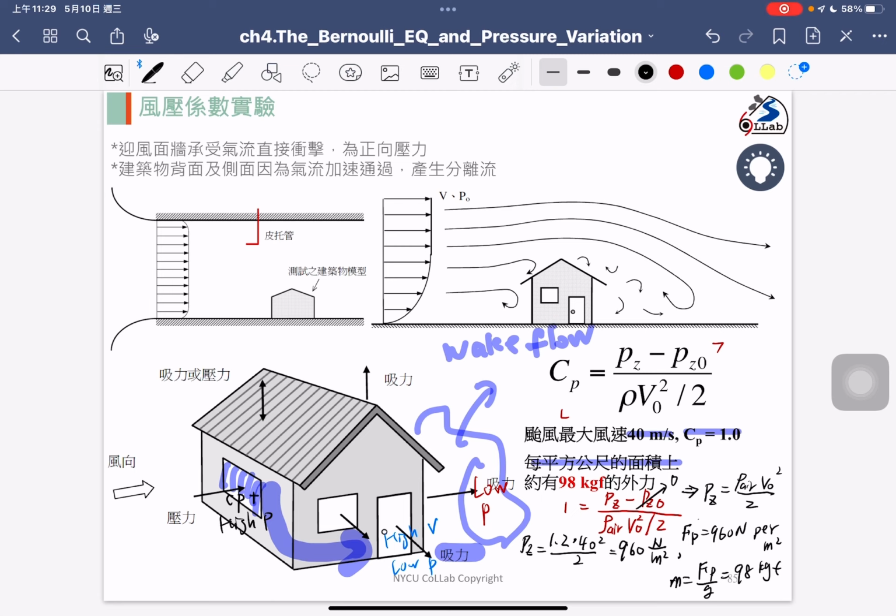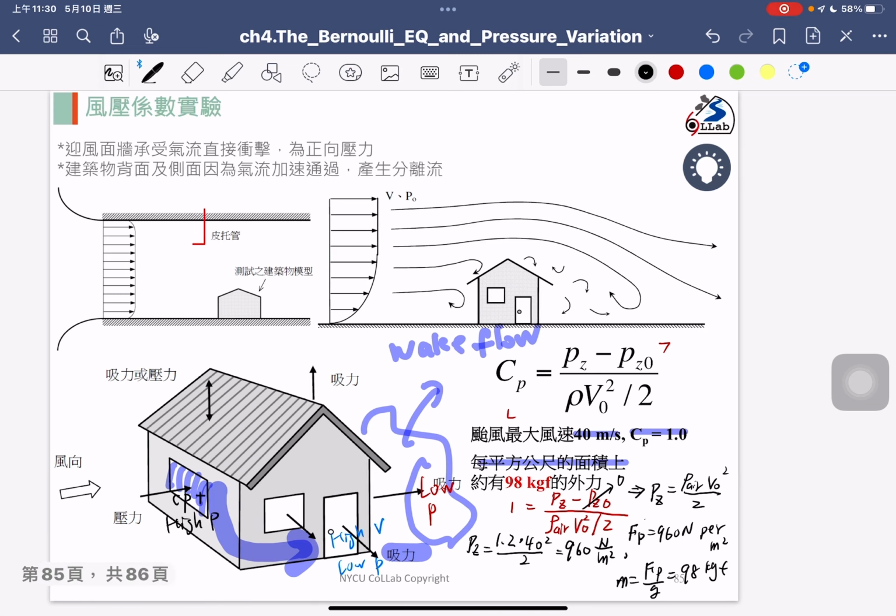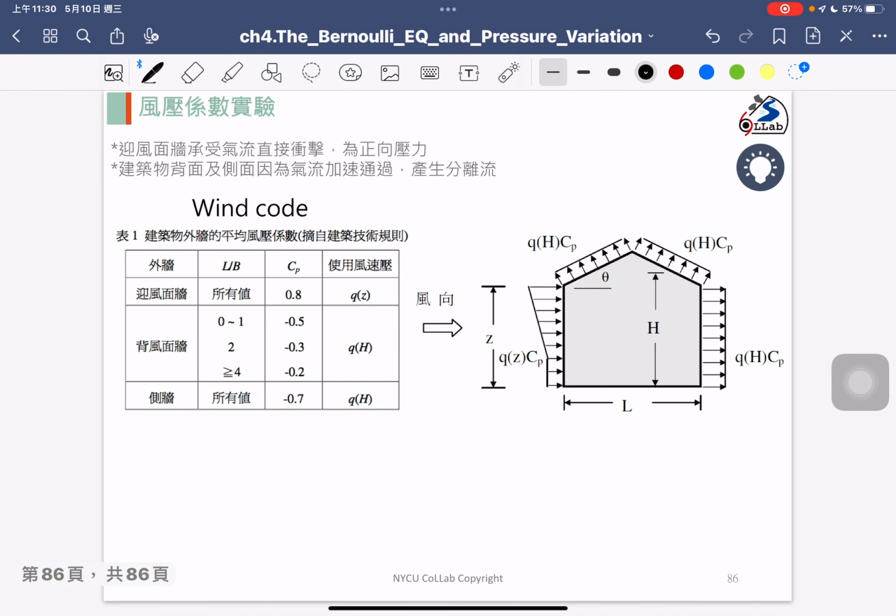Sometimes we apply the pressure coefficient, so we understand under this condition how large the pressure force we will have on our structure. Okay, so for our government, we propose one table. We call that the wind code for house. Actually, for different structure fronts, you will have a different definition for the Cp value.